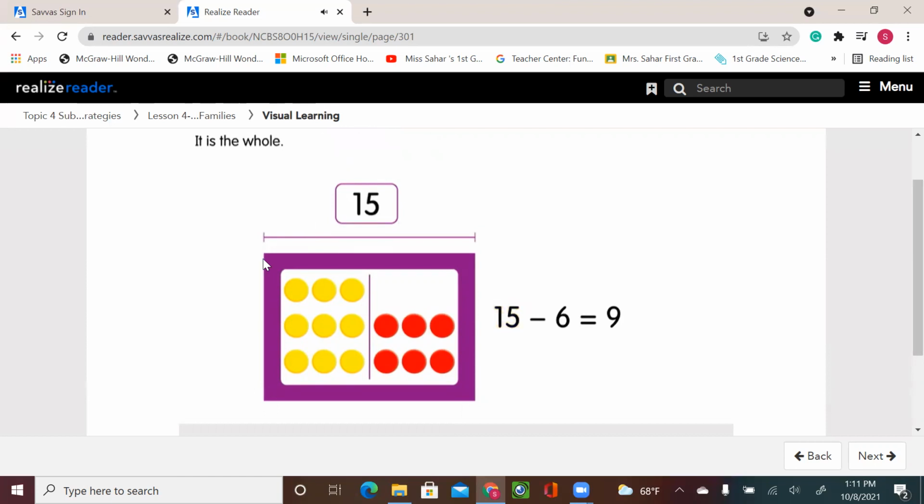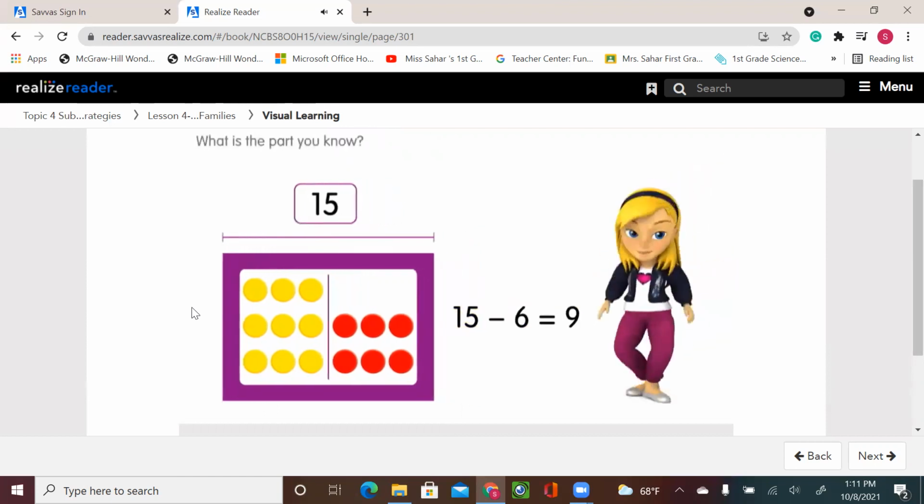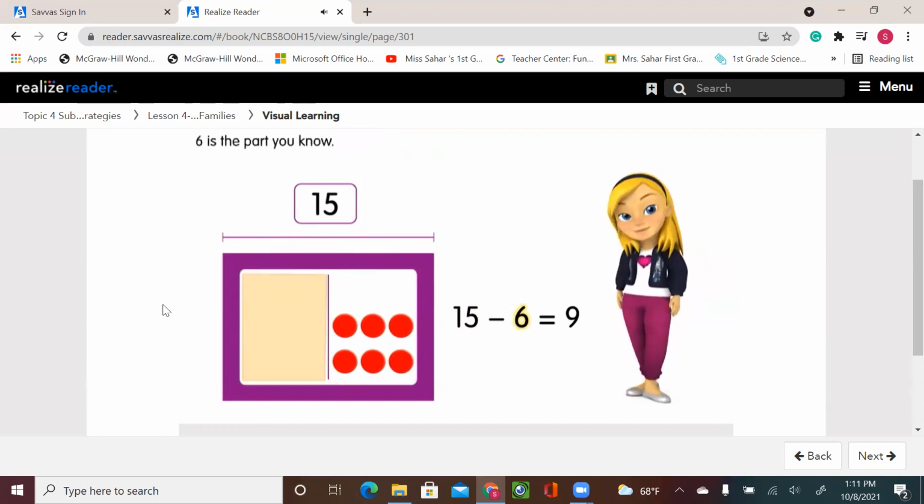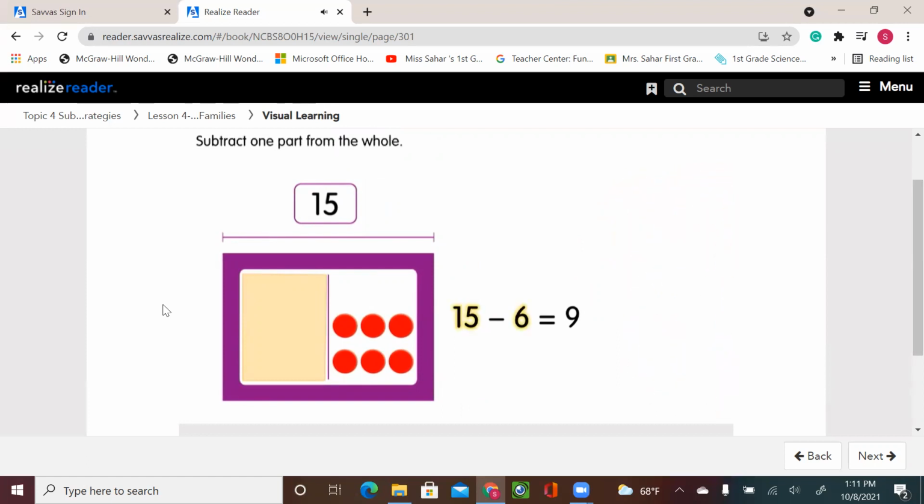It is the whole. What is the part you know? 6 is the part you know. Subtract one part from the whole. What is the part that is covered? 9 is the part that's covered. So 9 equals 15 minus 6.